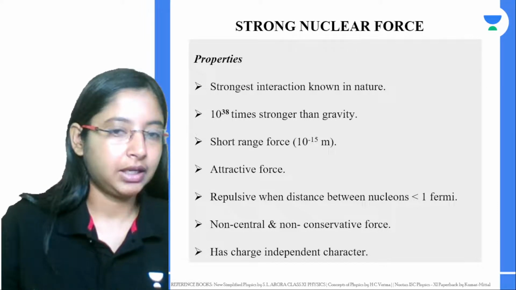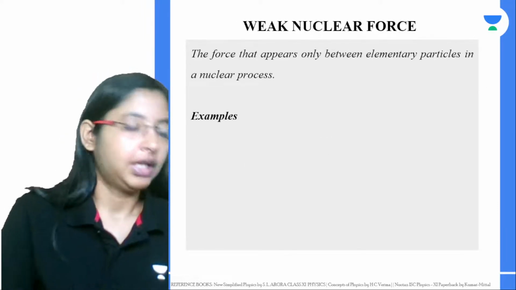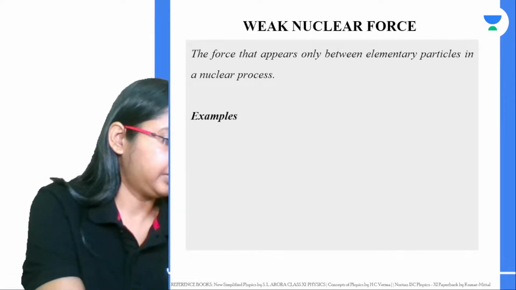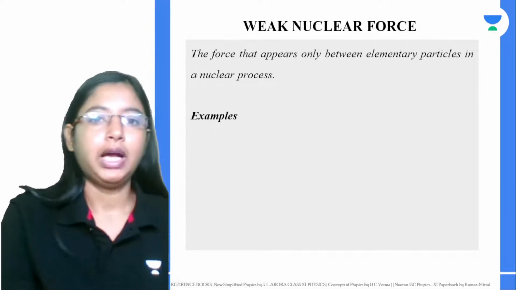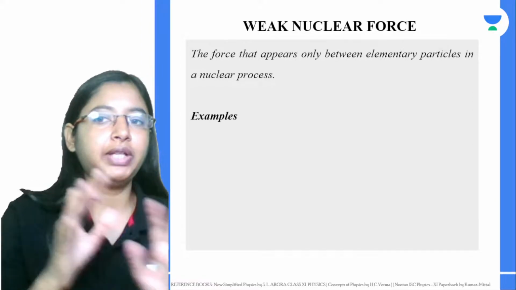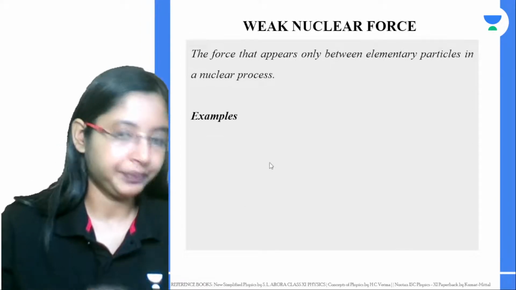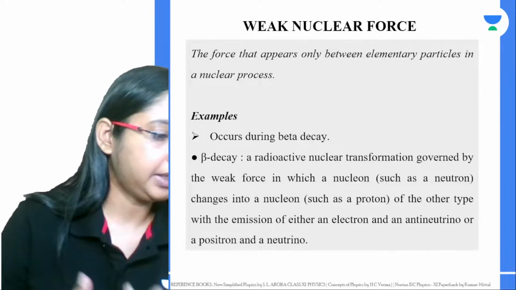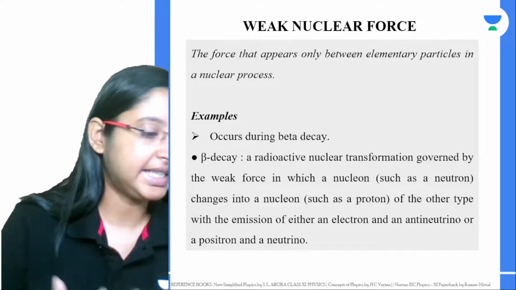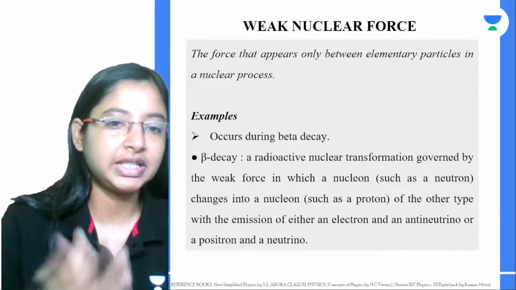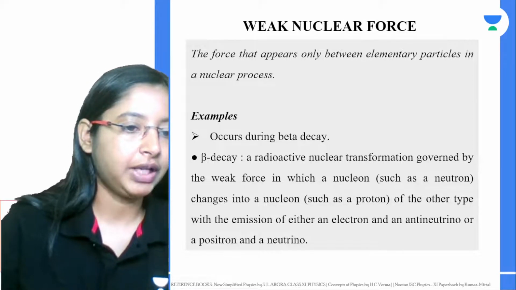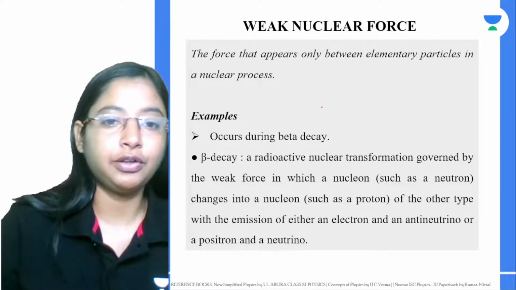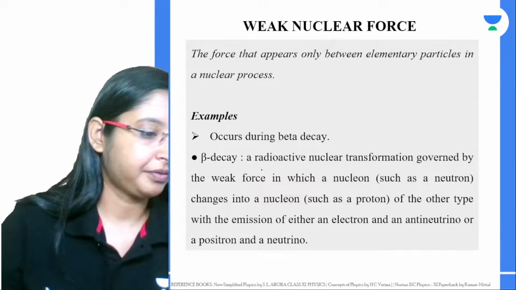Next comes the weak nuclear force. These forces appear only between elementary particles in a nuclear process. Weak nuclear forces were discovered during the study of beta emission from a nucleus.